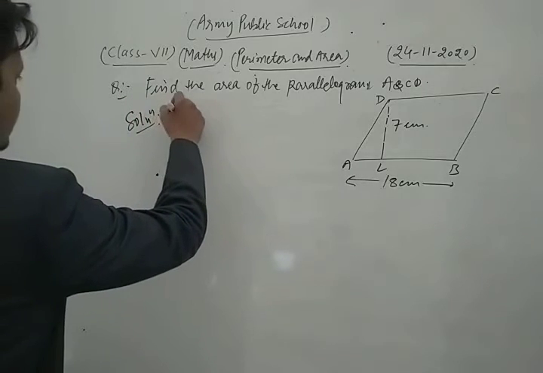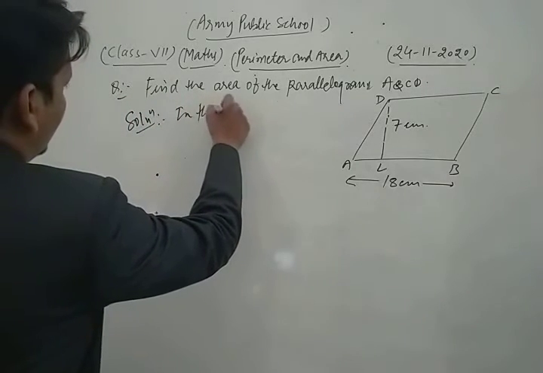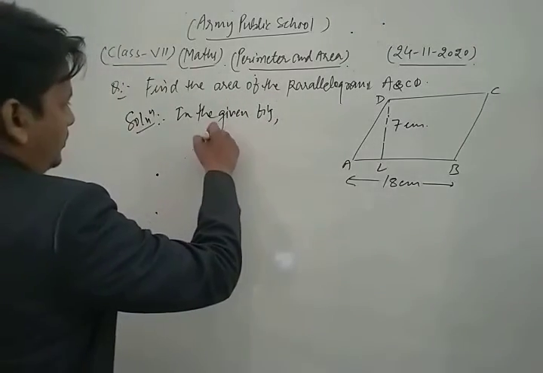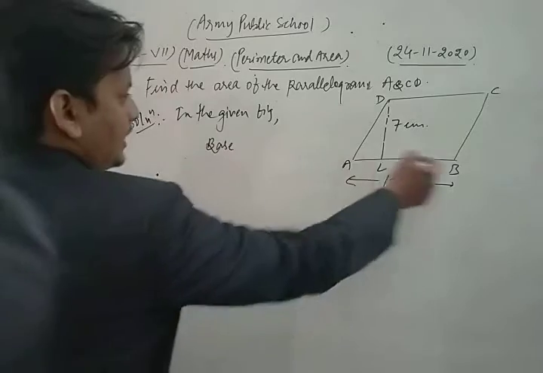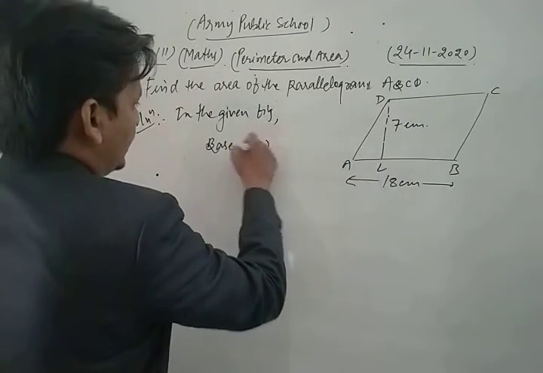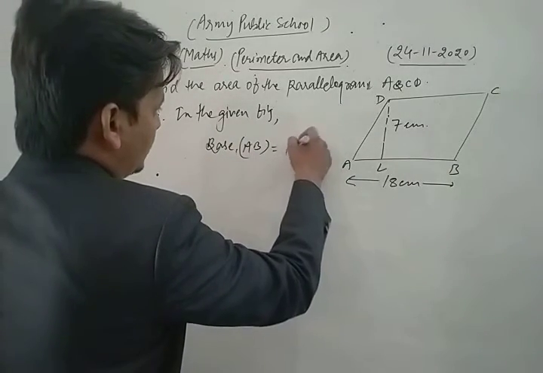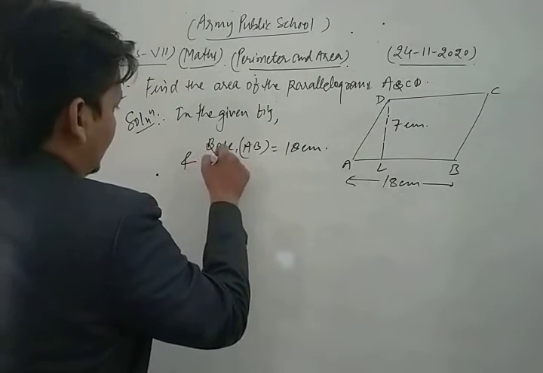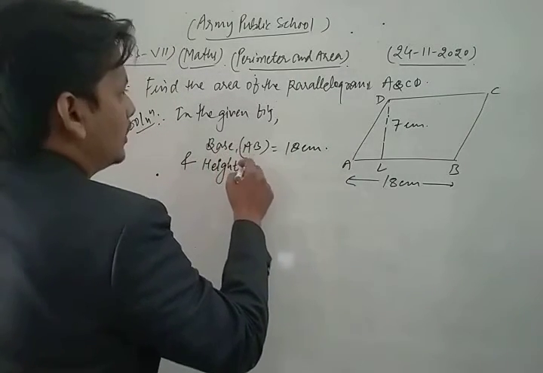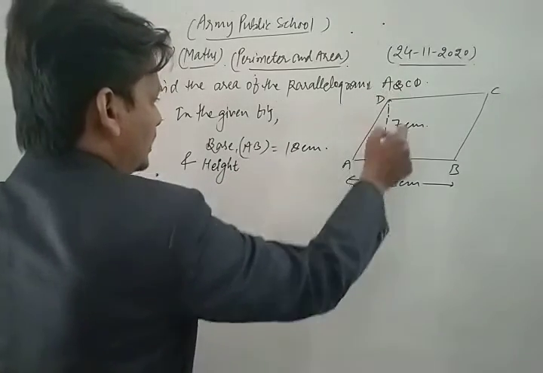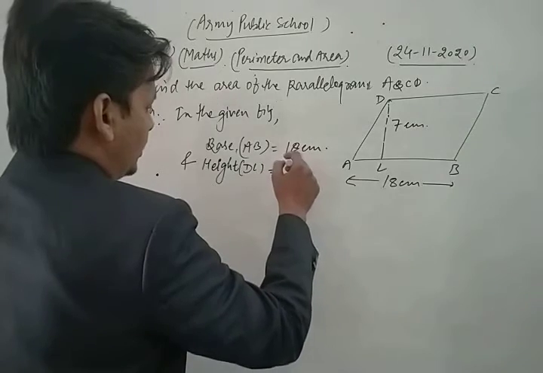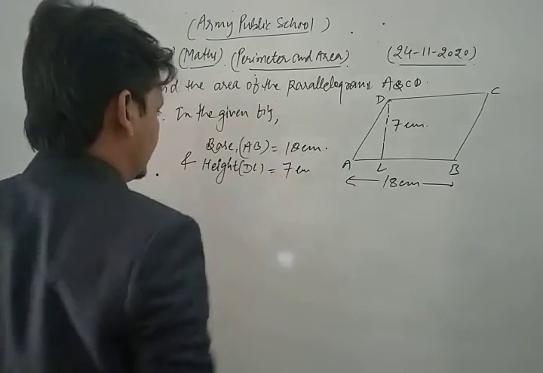Dear students, in the given figure, base AB is given as 18 centimeter and height DL is given as 7 centimeter.